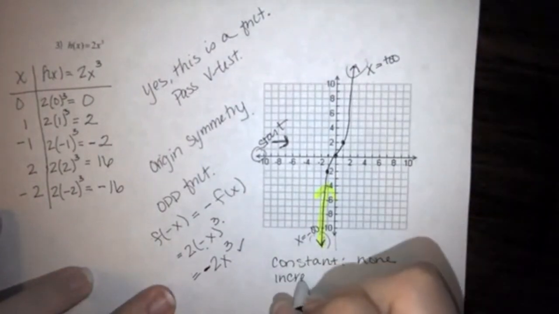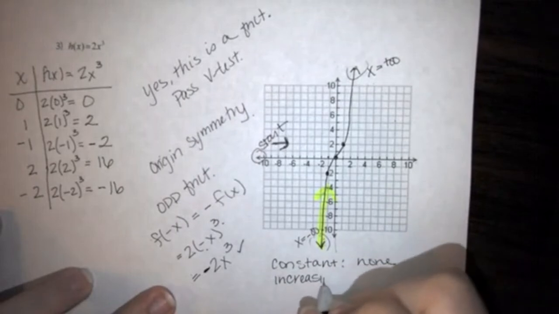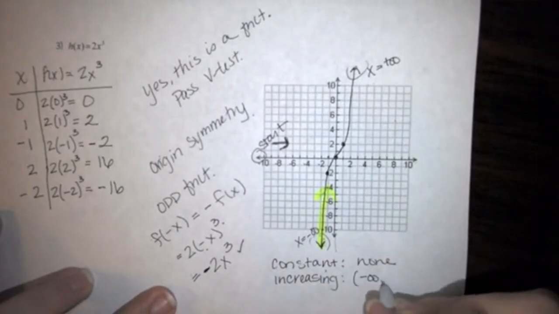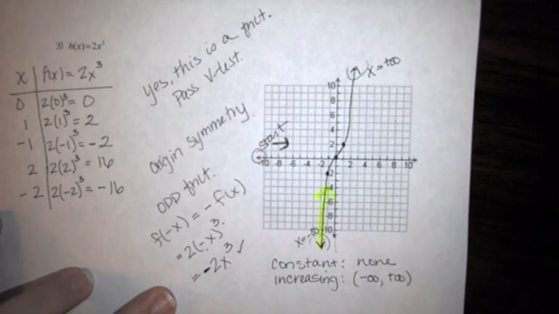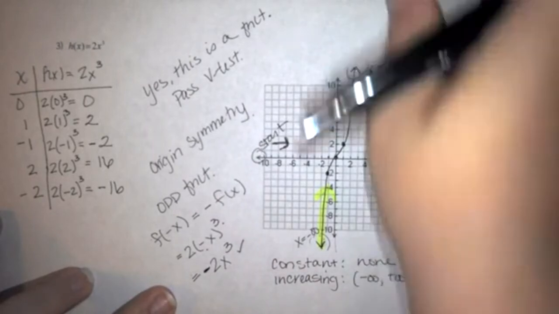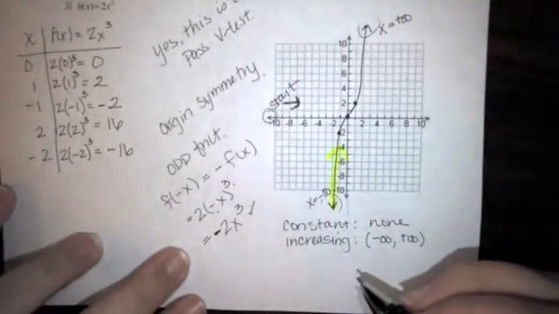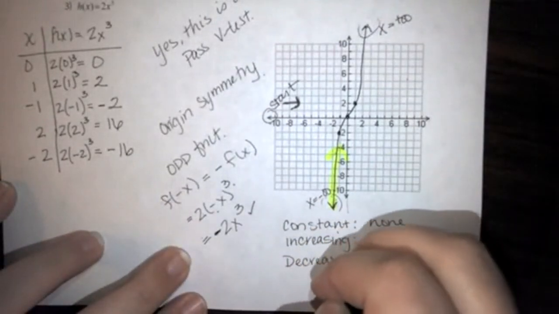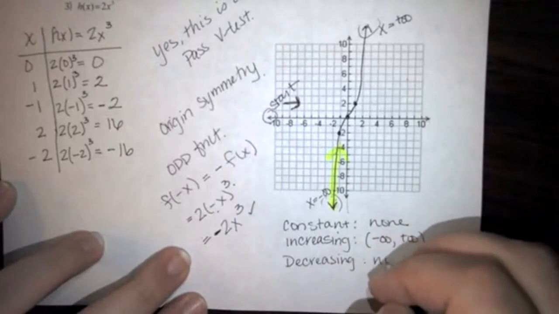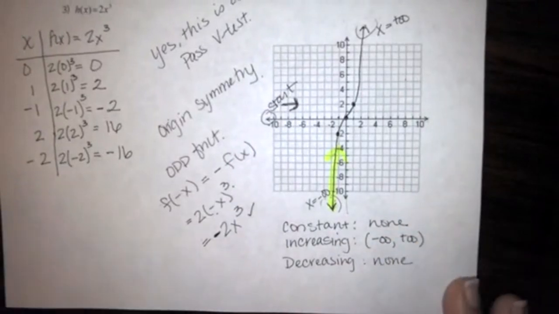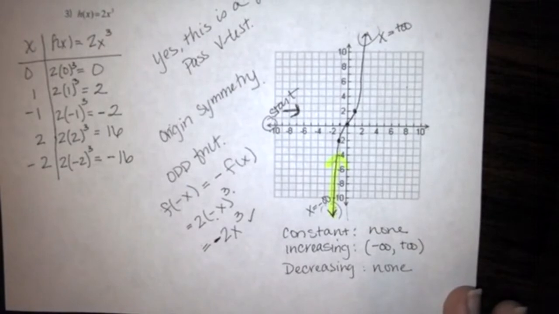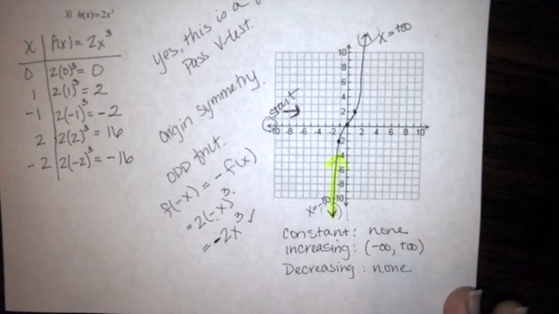Therefore, my increasing is going to be over the interval negative infinity to positive infinity. Since my increasing interval uses the entire graph, for decreasing, I have none. And therefore, I have answered everything that I have to answer for this particular problem.